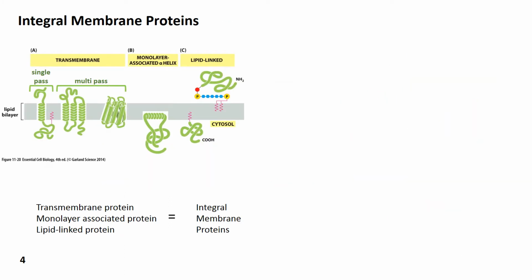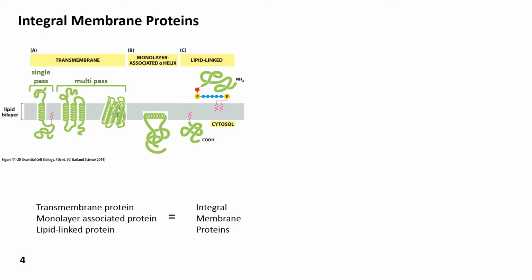The integral membrane proteins come in multiple different flavors. They can be transmembrane proteins, as shown in the A part of this image. They can be monolayer associated alpha helices, as shown in the B portion of this image, or they can be linked directly, covalently, via lipids, and it's the lipids rather than the proteins that are going to associate with the hydrophobic portion of the membrane.